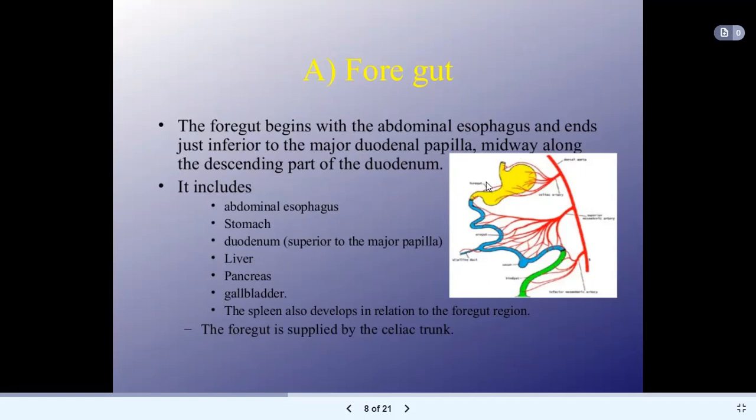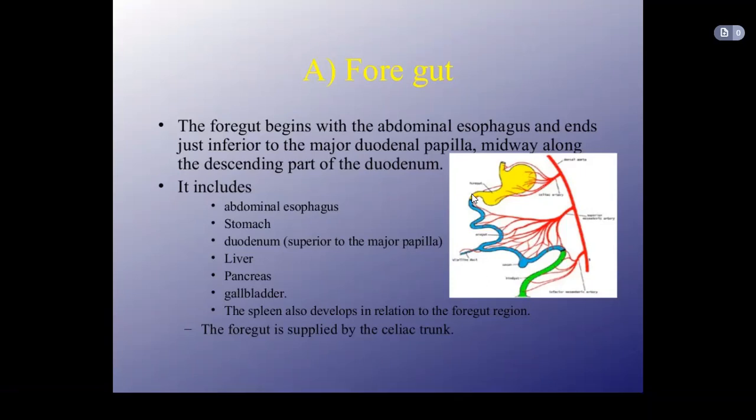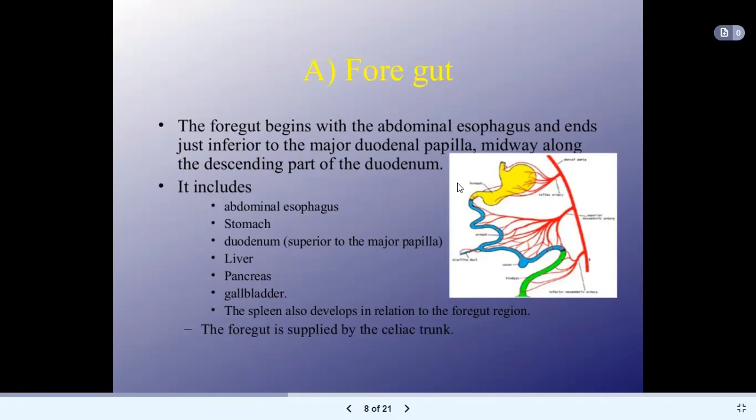But in addition to the stomach and the duodenum, there are other organs that are part of the foregut. An example is the liver. You know that the liver would be found on the right side of the stomach. So the liver will be somewhere here, but it's not in this diagram. Then you have your pancreas also, and your gallbladder, which is attached to the liver. Then the spleen also develops in relation to the foregut region.